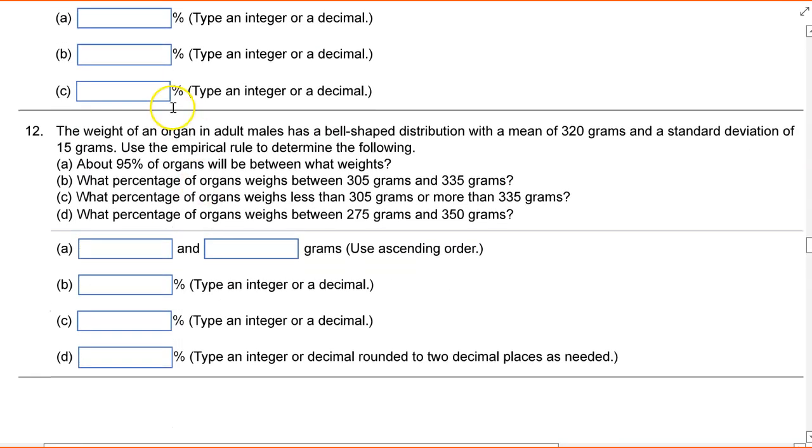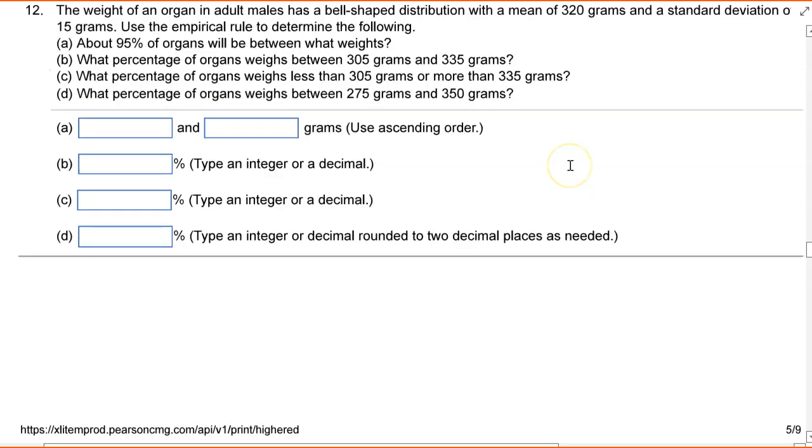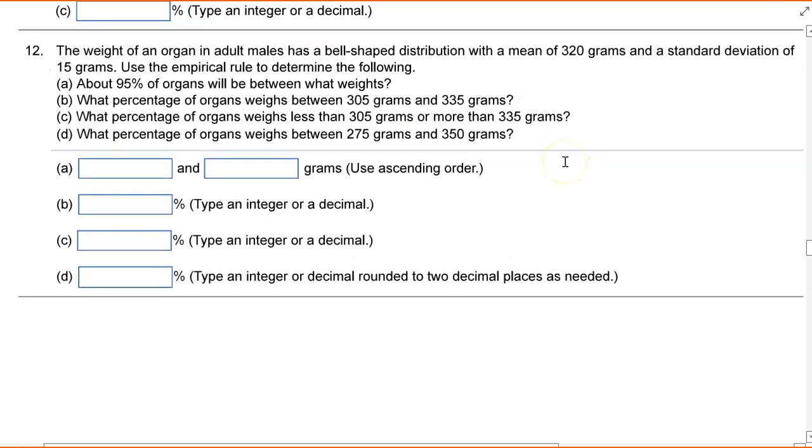The weight of an organ in the adult male has a bell-shaped distribution with a mean of 320 and a standard deviation of 15 grams. Since the distribution is bell-shaped, we're going to make a bell-shaped curve with labels. I'll just make a curve here.